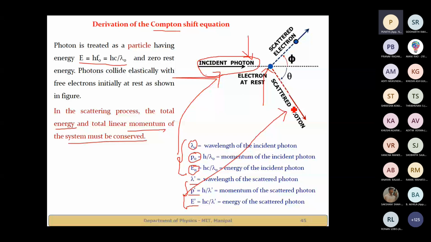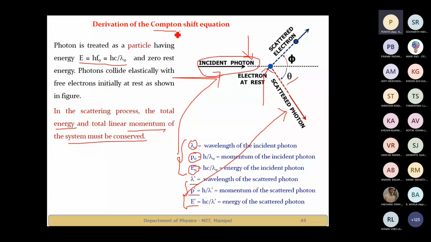Obviously the wavelength of the scattered photon will be larger than that of the incident photon, since if energy is less, the wavelength is larger. So using the principles of conservation of energy and momentum, we'll derive the equation for the Compton shift.